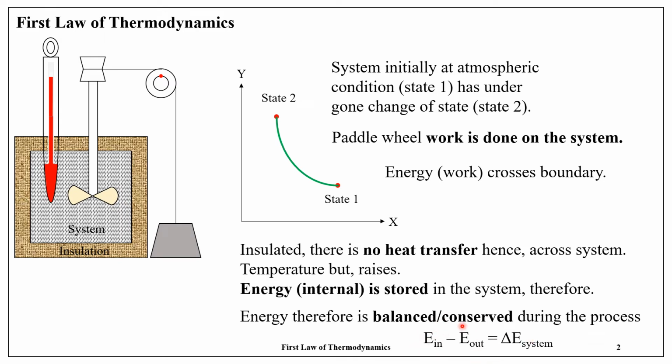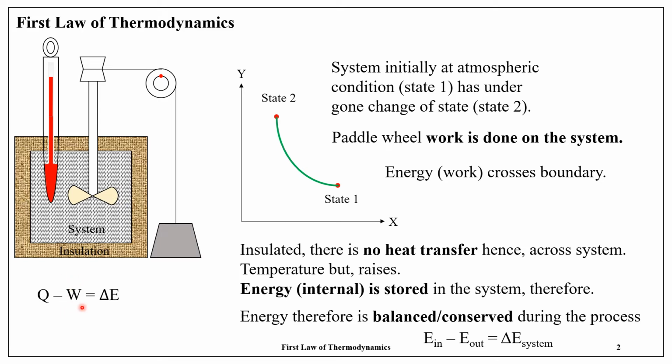So what is the net energy transfer? There are only two forms of energy that can be transferred in a closed system. One is heat, another one is work. Therefore, we can write here, for this example, Q minus W equal to delta E. The question now is why minus W?